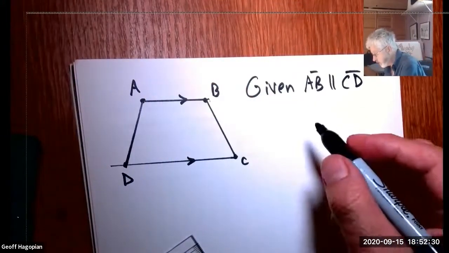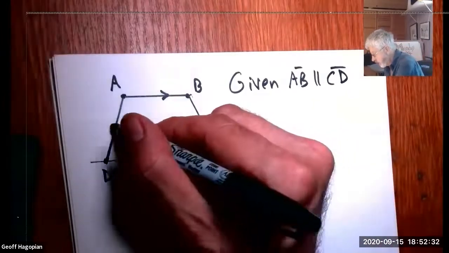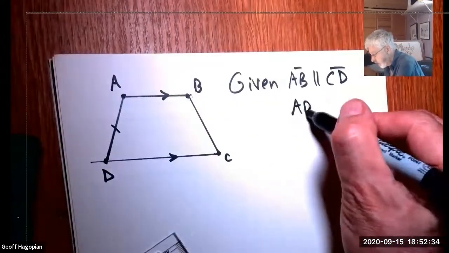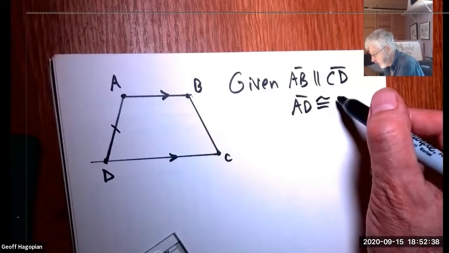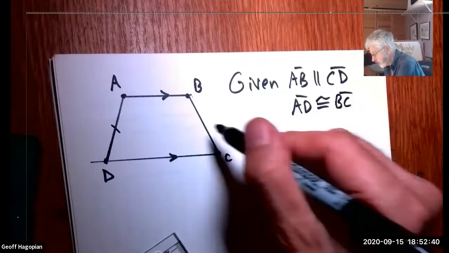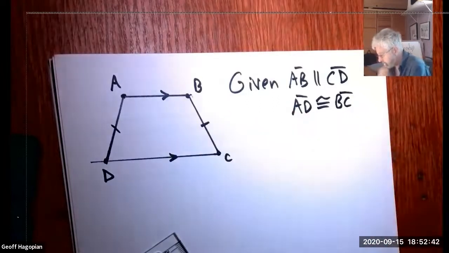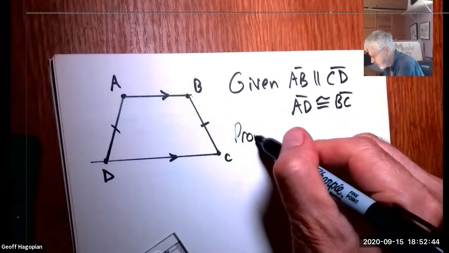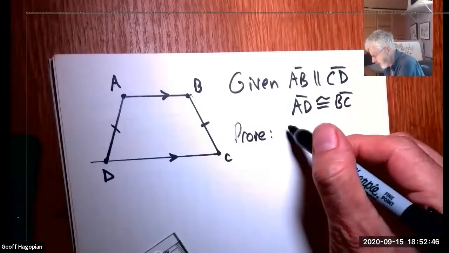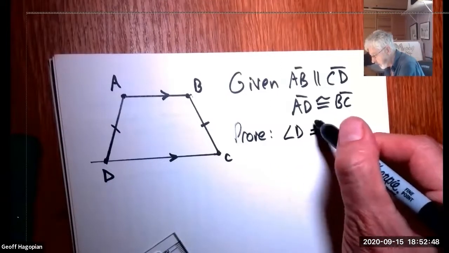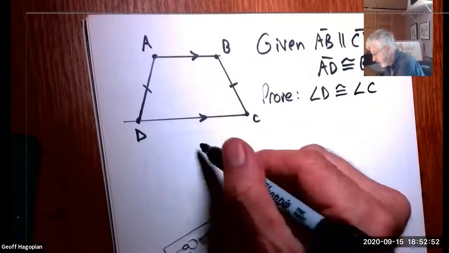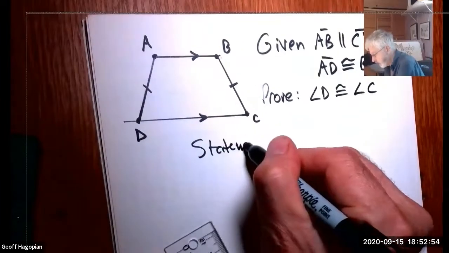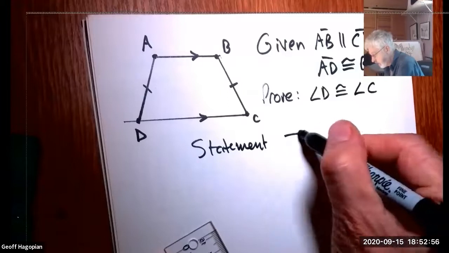And we're also given that AD is congruent to BC. Prove that angle D is congruent to angle C. Okay, so we're going to have a statement and a justification.